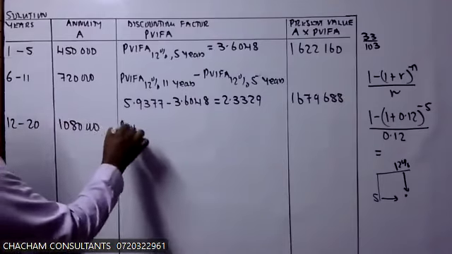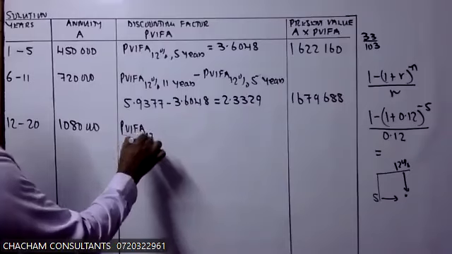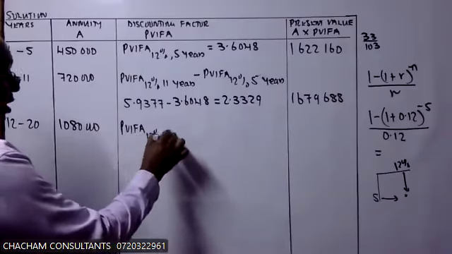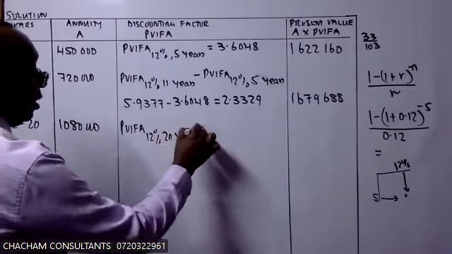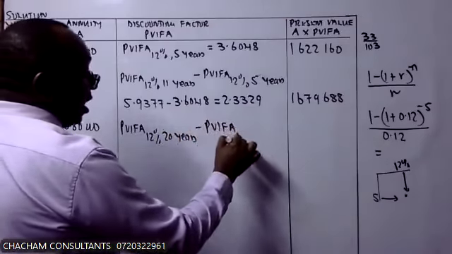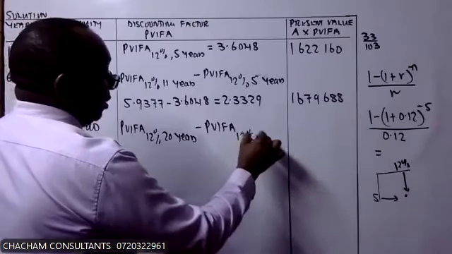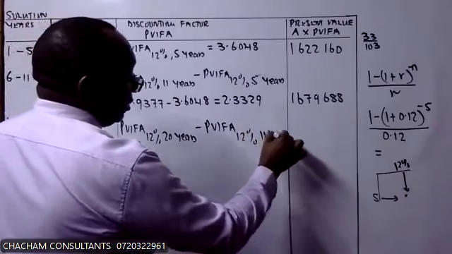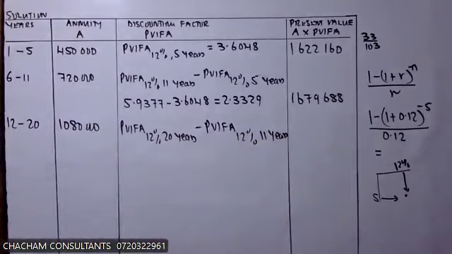It is the PVIFA at 12% for 20 years minus the PVIFA at 12% for 11 years. So now read for me 20 years.